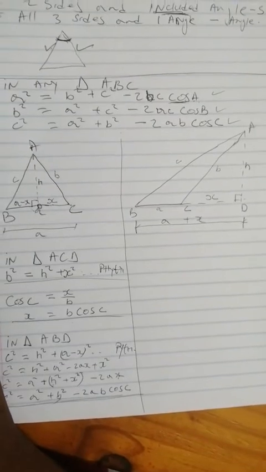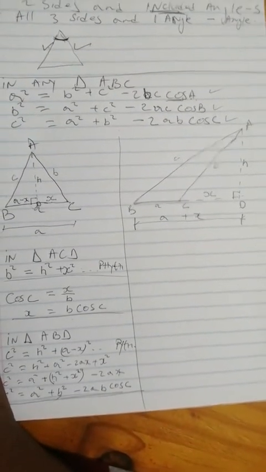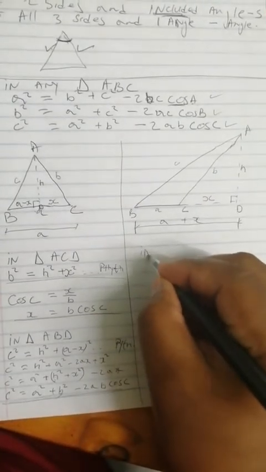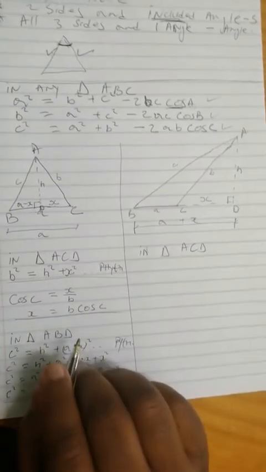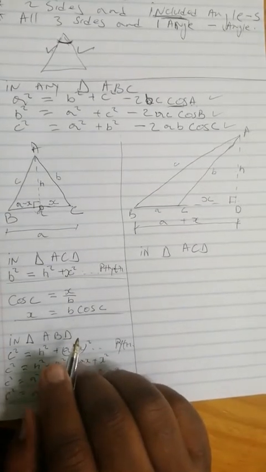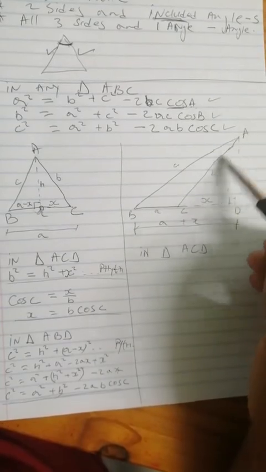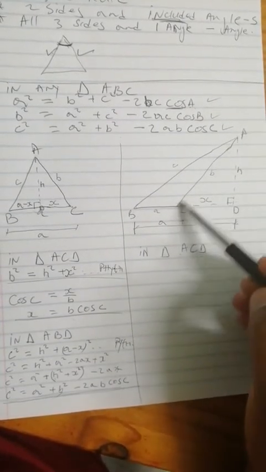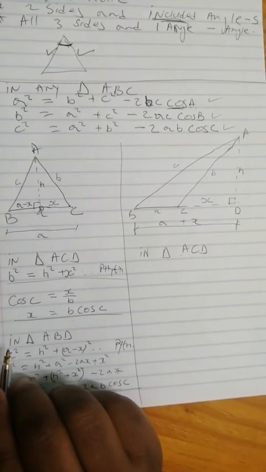Now let us look into triangle ACD, and let us do Pythagoras there. Which triangle is ACD? This triangle, that's the triangle I'm talking about.